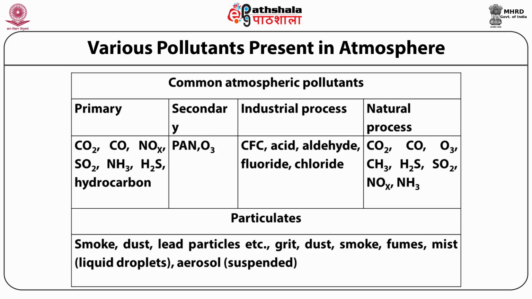In addition to that, natural processes also release various pollutants, and these include carbon dioxide, carbon monoxide, ozone, methane, hydrogen sulfide, etc. In addition, there are some dust particles also present in the atmosphere. These are known as particulates, and examples of these particulates are smoke, dust, lead particles, etc.